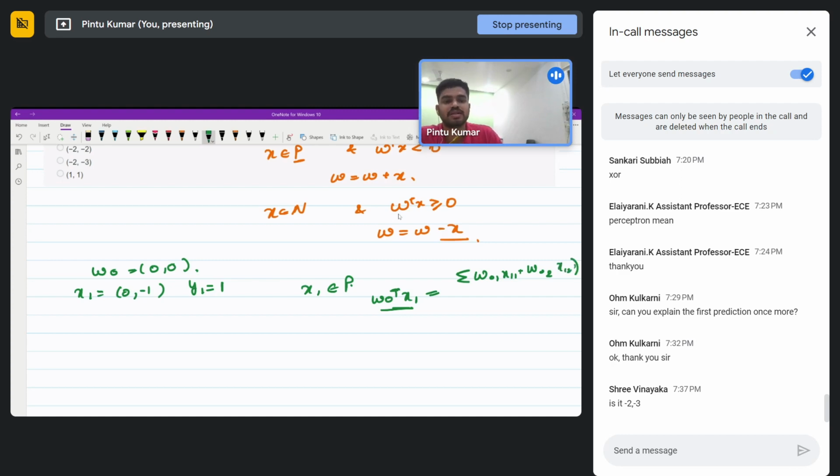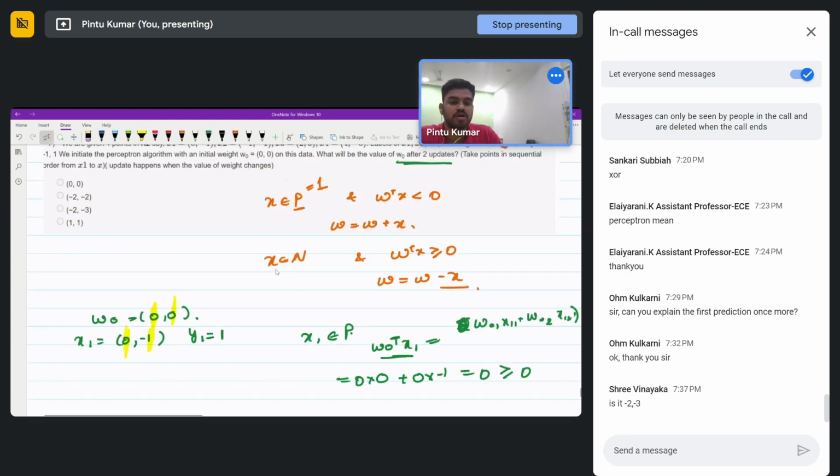So this is what W transpose x means: the first component of W multiplied by the first component of x1 plus the second component of W naught multiplied by the second component of x1. That is 0 times 0 plus 0 times -1, which is 0, greater than or equal to 0.